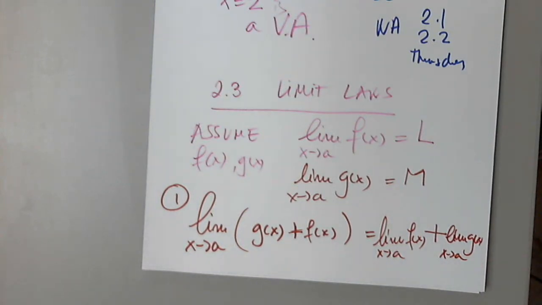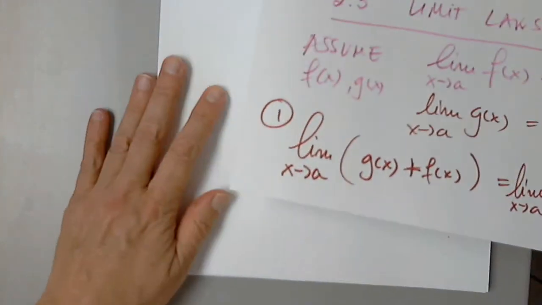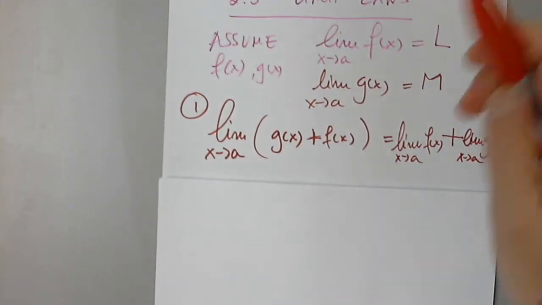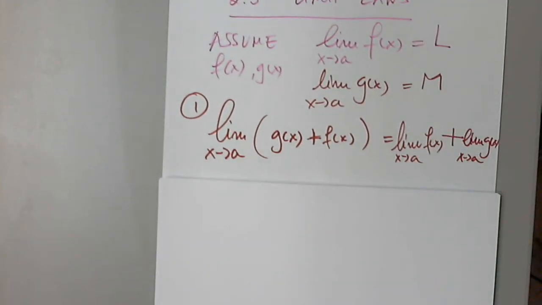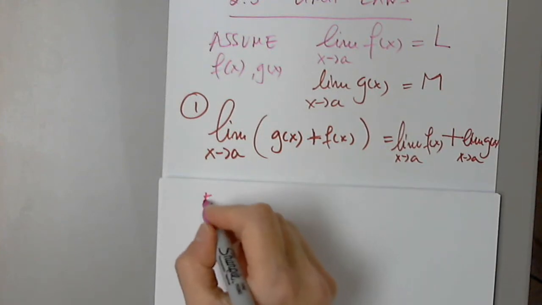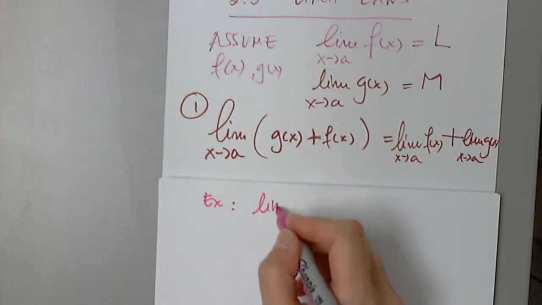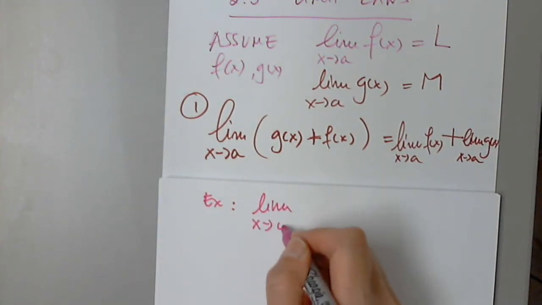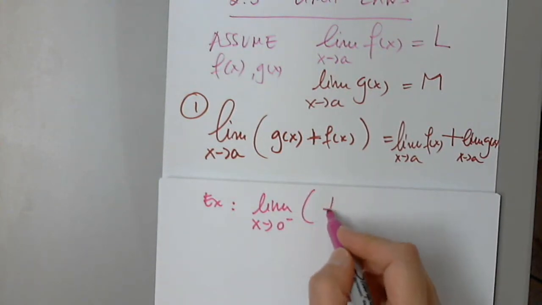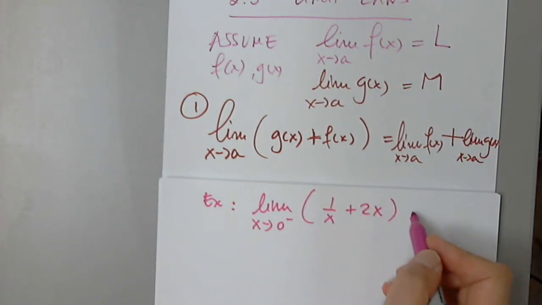Does it make sense? But we will not be able to use this law if the two limits do not exist. Of course, they can also be one-sided limits. So here's an example: the limit as x approaches 0 from the left of 1 over x plus 2x.